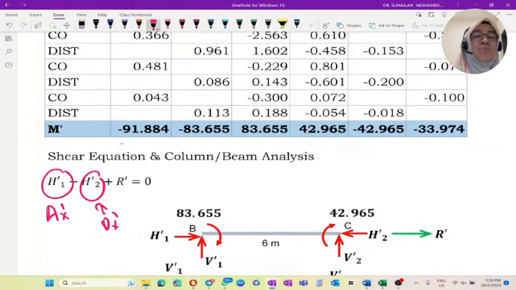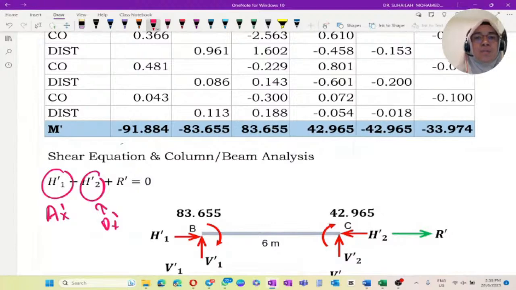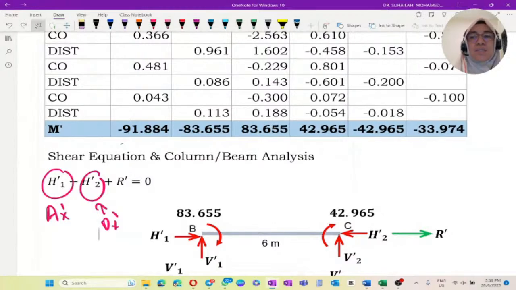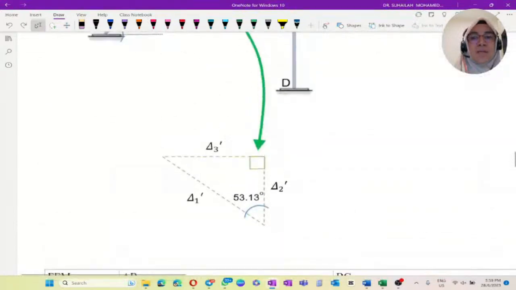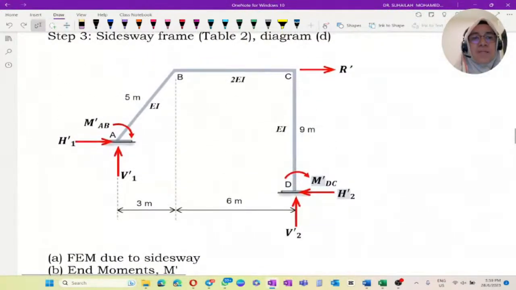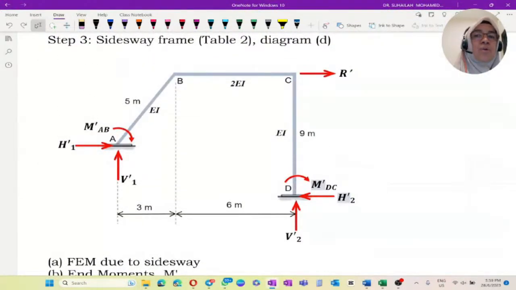So in this case, we use H1 prime and H2 prime. All these are the horizontal forces in the diagram. Okay, in this diagram, we relate all these horizontal forces using the shear equation. So we will get H prime 1 minus H prime 2 plus R prime, we get 0.